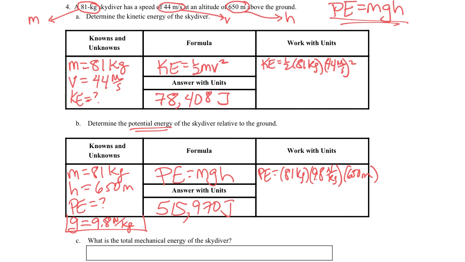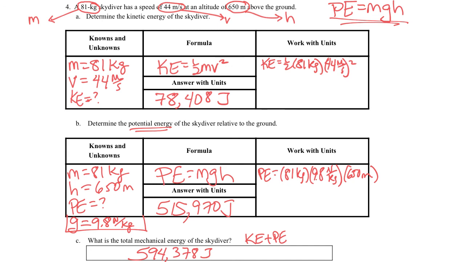The last question says, what's the total mechanical energy of the skydiver? The total mechanical energy is the kinetic energy plus the potential energy. So you add those together, and you should get 594,378 joules.